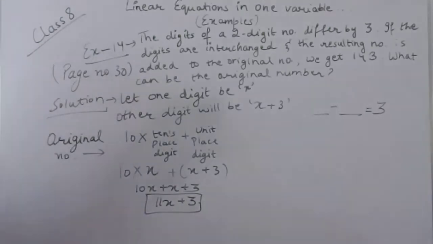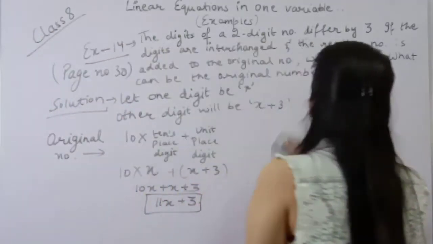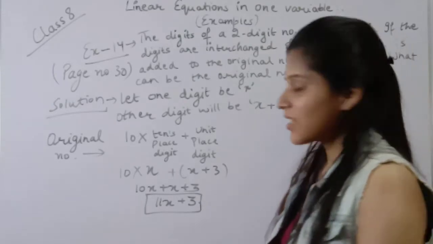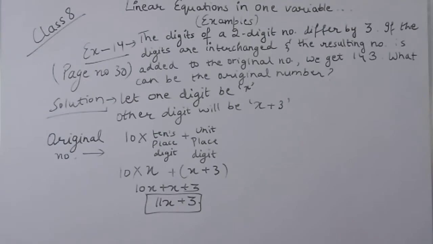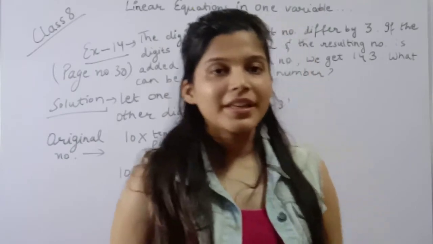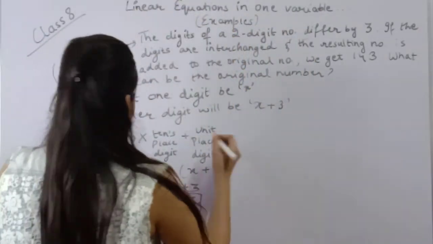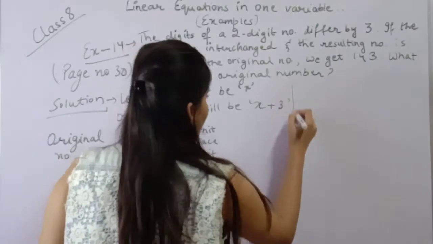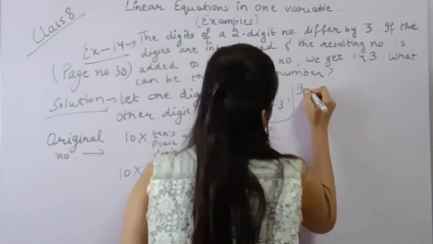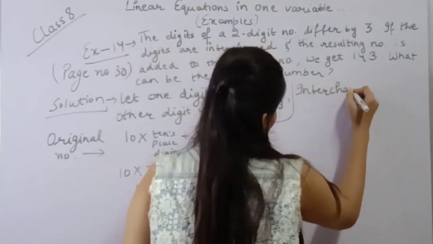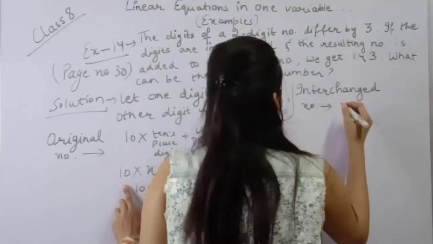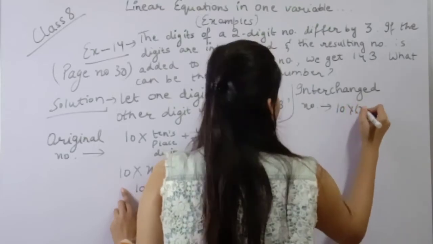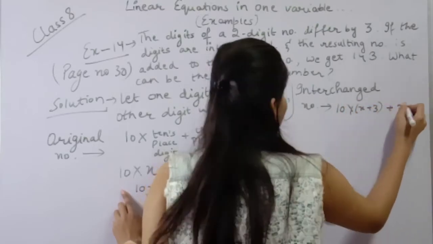And now the interchanged number will be, interchanging the digits means whatever we took at the tens place will now go to the ones place, and whatever we took at the unit place will now be taken to the tens place. So our interchanged number is 10 into x plus 3 plus x.